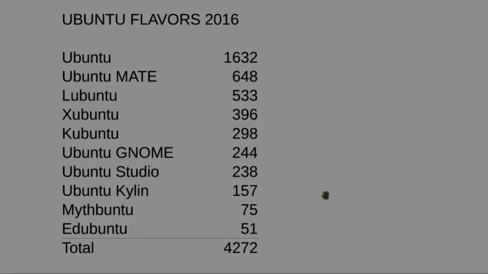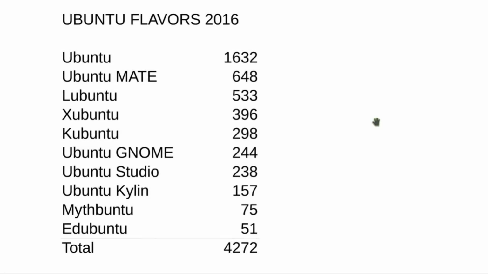You can see when they're all added up, the total comes to 4,272 average page hits per day for a 12-month period, which is much larger than any other distribution.